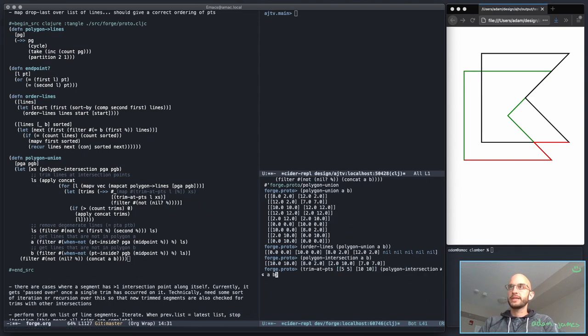Then I want to trim at these points. So I get 5, 5 to 7, 7, 7, 7 to 10, 10, and then 10, 10 to 10, 10. Right, so what's the cause here?